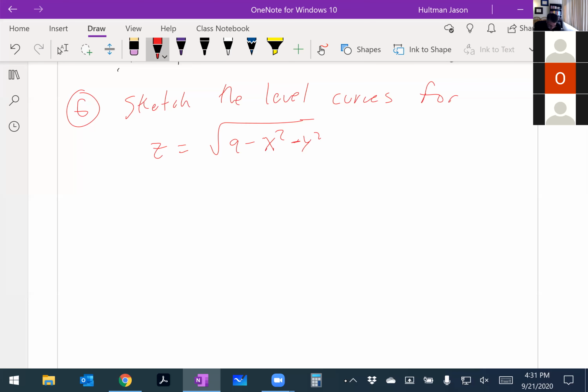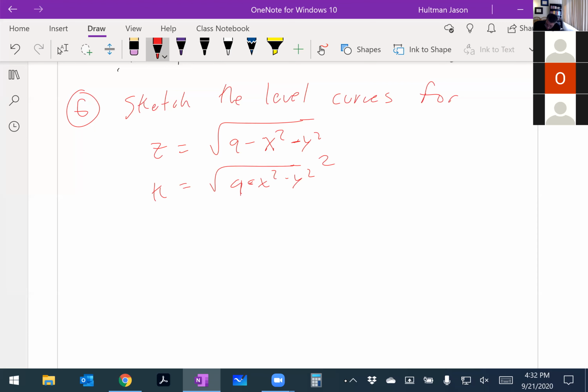Okay, so let's see what happens when k is equal to 0. Let's let z equal k here, and see what happens. So we get k equals the square root of 9 minus x squared minus y squared.